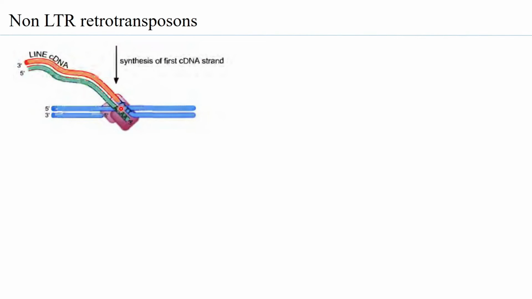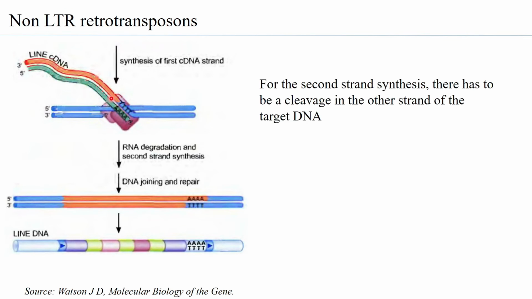Now you have to have the second cDNA being synthesized. So for the synthesis of the second strand, the cleavage has to be in this strand, because here this has already been taken care of. Now in the target DNA, the second cut has to be in this strand. So the cut can be either here or on this side of the primed site, right?